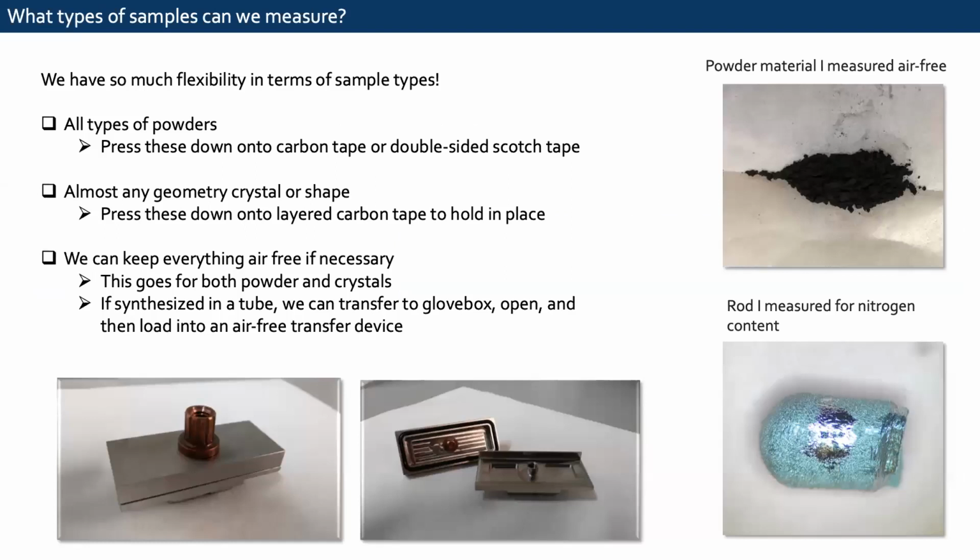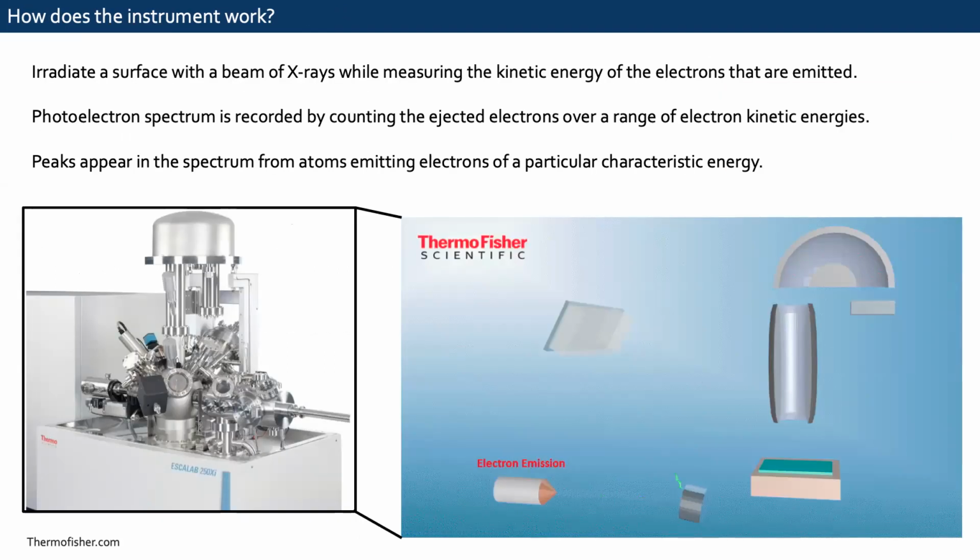I wanted to mention a few things here. The reason why in these measurements in general we need a really high vacuum is because if you didn't have a really high vacuum, the electrons that you have scattered off of your sample are going to collide with all of the different atoms that exist within the atmosphere in that chamber.